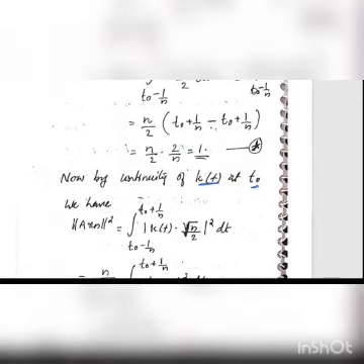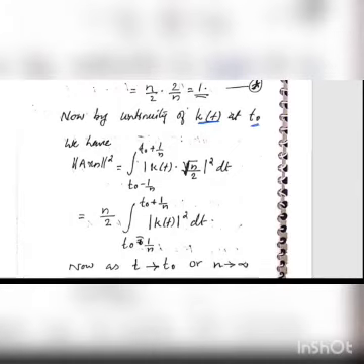Now this is equal to n by 2 into this into modulus of k of t. Now whenever t tends to t naught, meaning n tends to infinity, only then your t value tends to t naught. So for t tends to t naught, this t will become t naught. Right? Now the remaining means the integral from t naught minus 1 by n to t naught plus 1 by n.